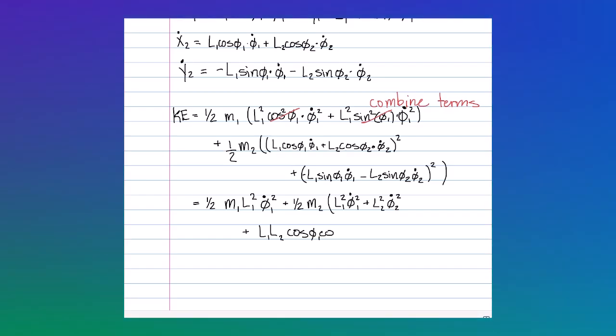So we have L1, L2, the cosines, phi1 dot phi2 dot, along with negative 2 L1 L2 times the sines times phi1 dot phi2 dot.